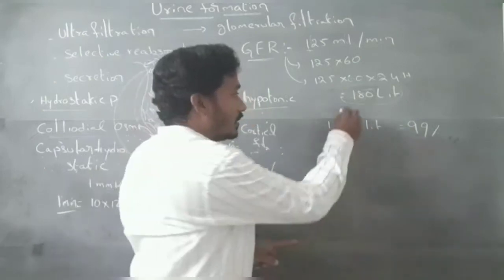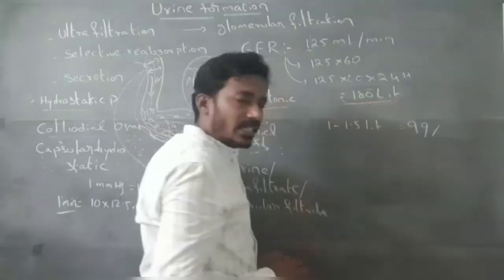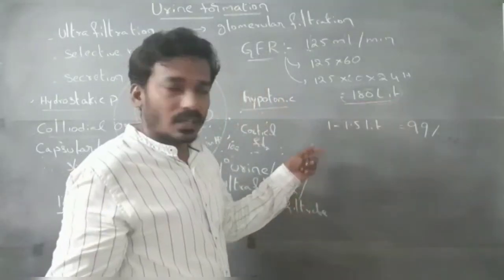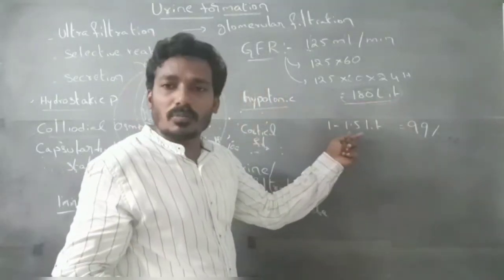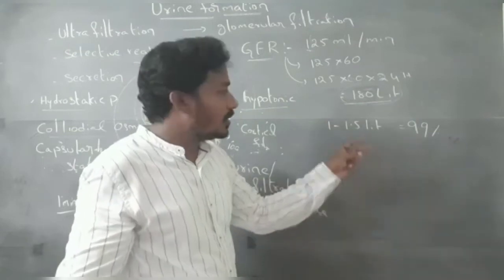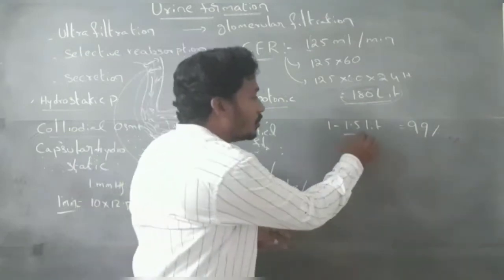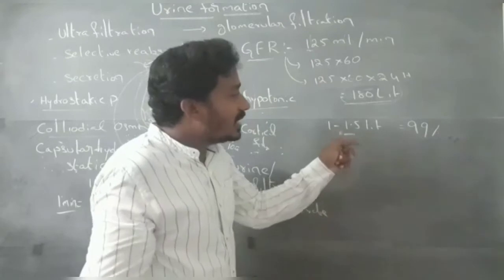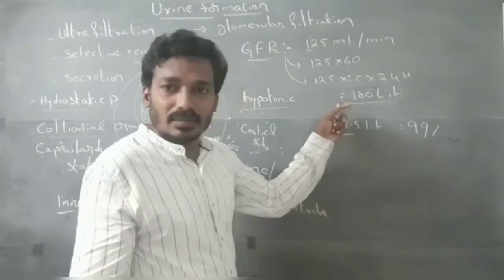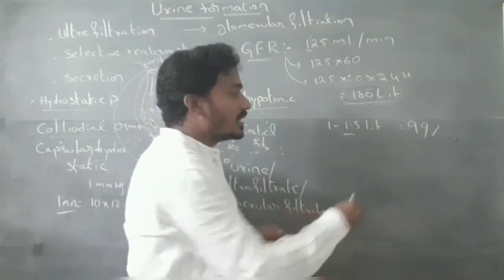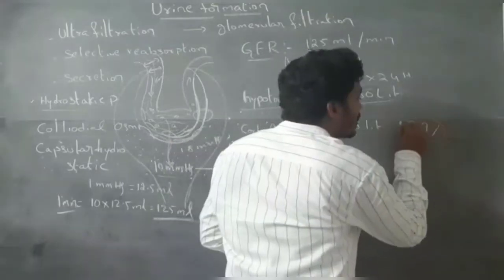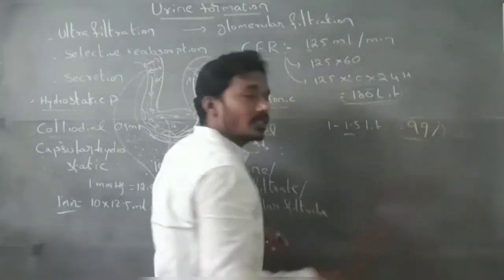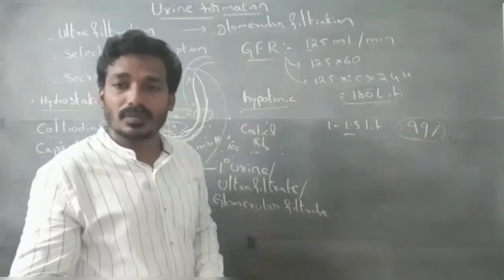Out of 180 liters of filtrate formed, only 1 to 1.5 liters goes out as urine. The remaining is reabsorbed.